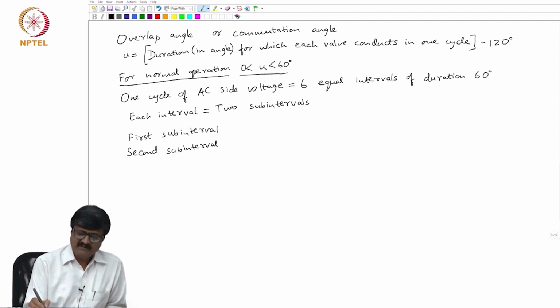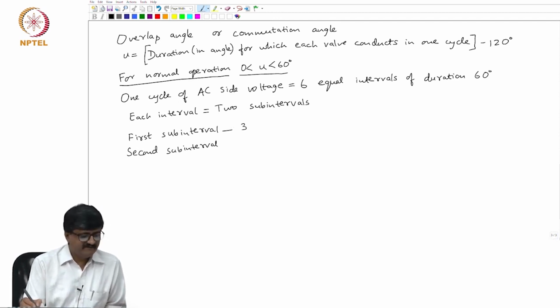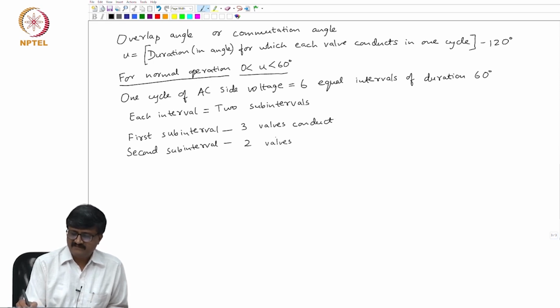The first sub interval is the one where 3 valves conduct, and in the second sub interval 2 valves conduct.